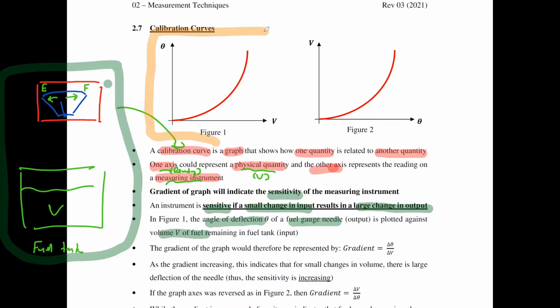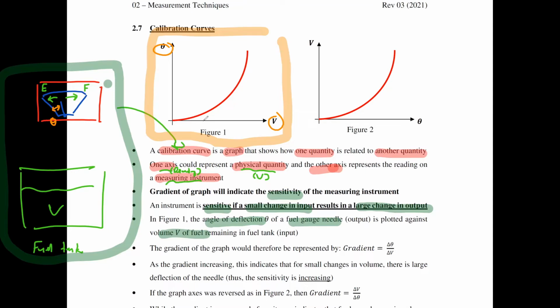It shows the angle of deflection, your angle theta, of our fuel gauge with respect to the volume of fuel remaining.